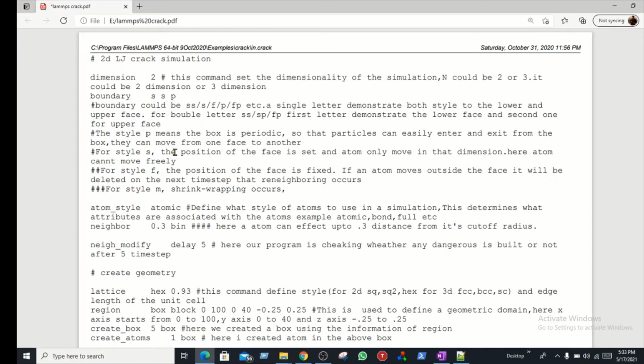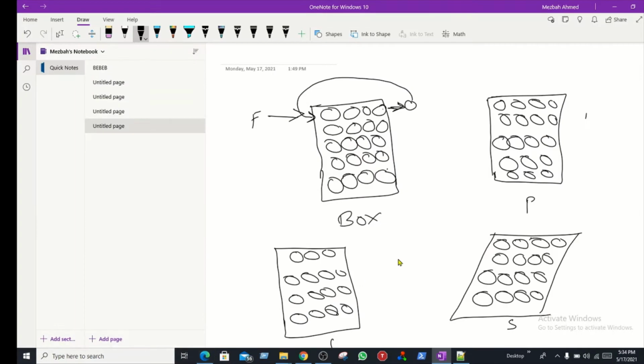And for style s, the position of the face is set and atoms only move in that dimension. Here atoms cannot move freely. If I explain, let's see here again. Let's imagine that is our simulation box, and we are applying a force F here.